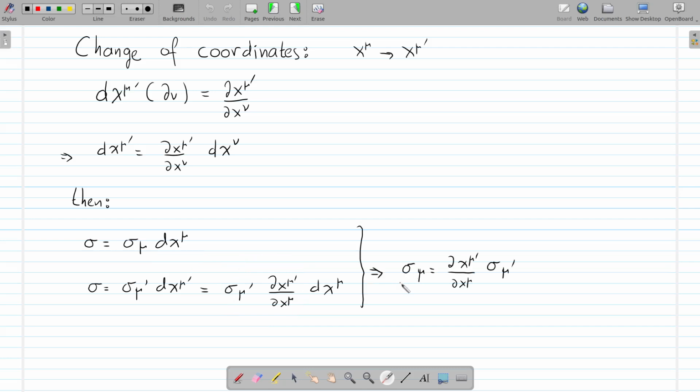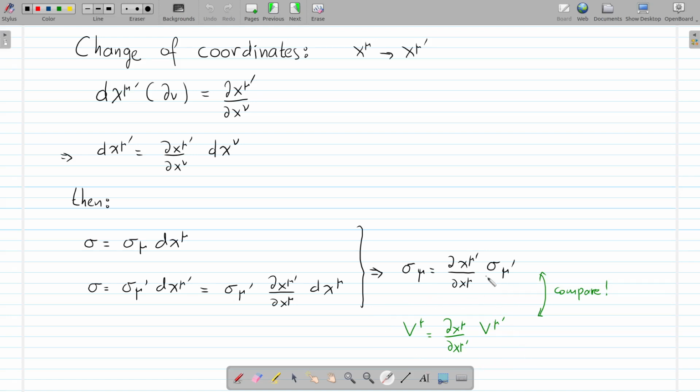Therefore, the components of sigma in the x mu coordinate system are related to the components of sigma in the x mu prime coordinate system with this relation here. Compare this with the coordinate transformations and their action on the components of vectors. So this was the result that we had obtained in a previous lecture, and you see that there are similarities and differences.